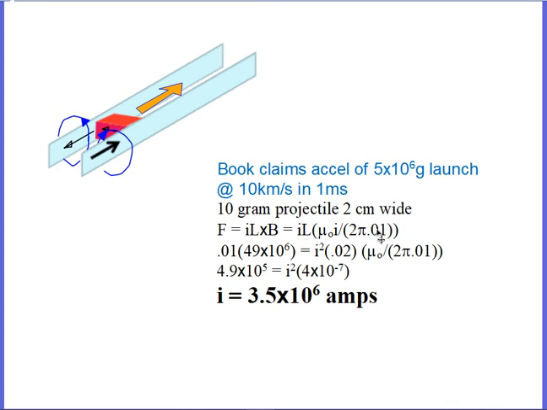Yeah, there's that distance to the center there is a half. Maybe that's where I messed up. That would be the half of the 2 centimeters, which would be the R value I would use in my Biot-Savart.